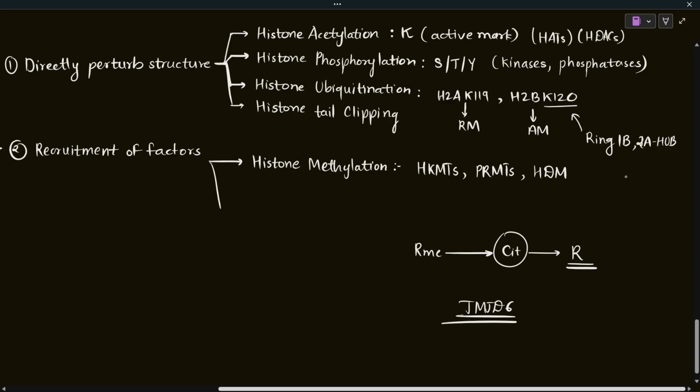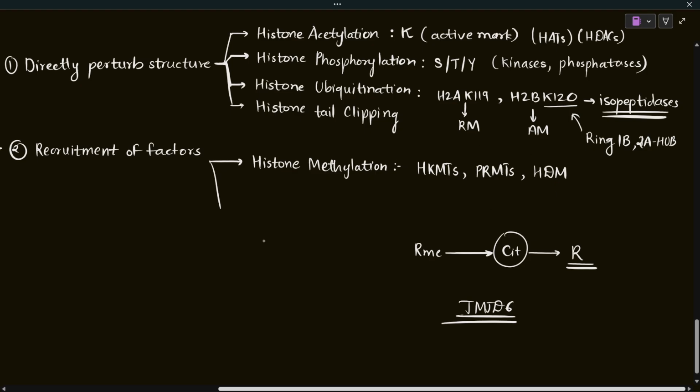Those are two different E3 ligases. There are enzymes that remove the ubiquitin group, and those are known as isopeptidases. So again, there is de-ubiquitination, and that is done by isopeptidases. So in histone modifications, those are the enzymes which are involved.